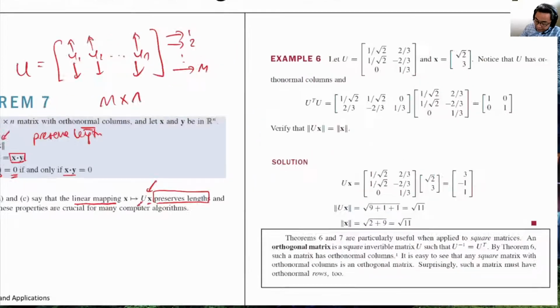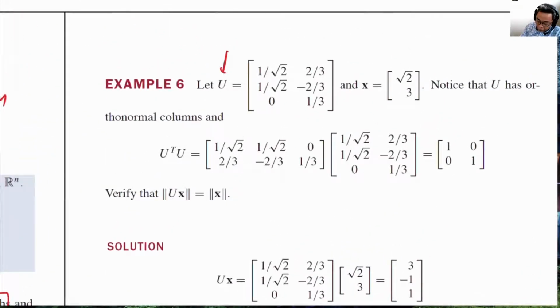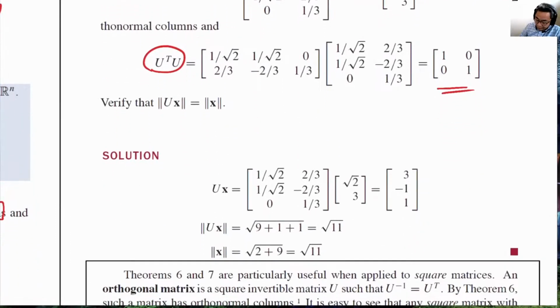Let us have an example. In this case, U is a 3 by 2 matrix. So this is u1, this is u2. You can show that U transpose U is the identity, because the columns are orthonormal. Now we are going to perform a transformation on x through Ux.